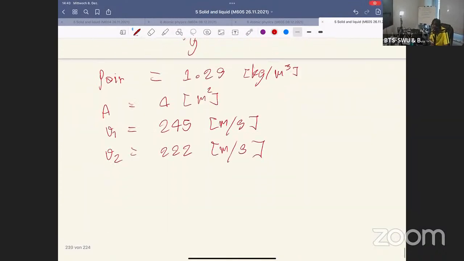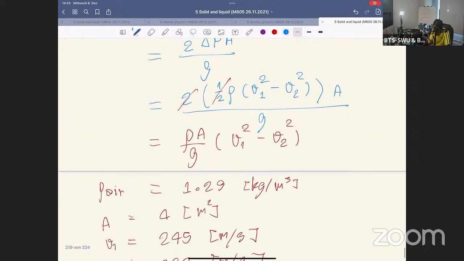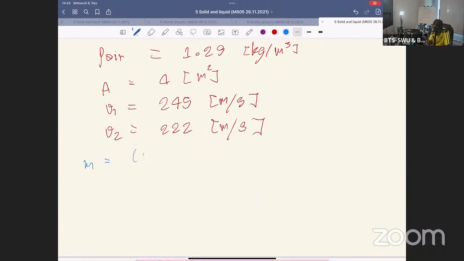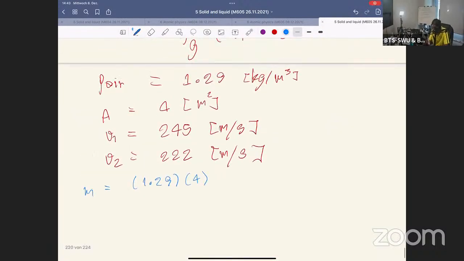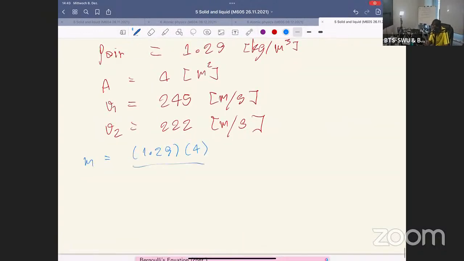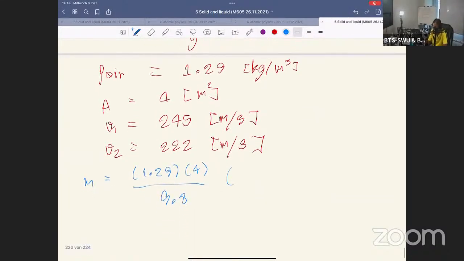The substitution to find the mass is the following. Mass will be rho, which is 1.29, times A, which is 4, divided by g, which is 9.8, times V1 square minus V2 square, which is 245 square minus 222 square.